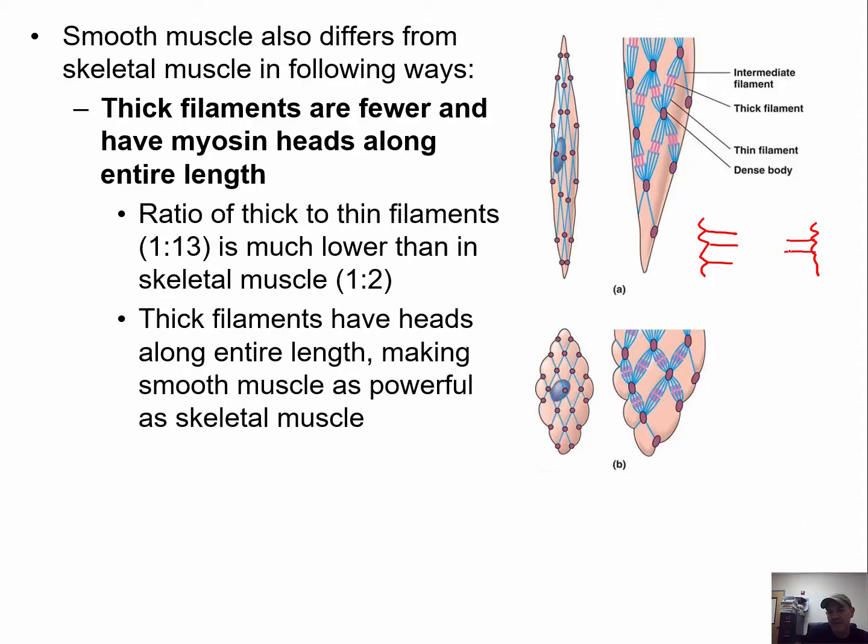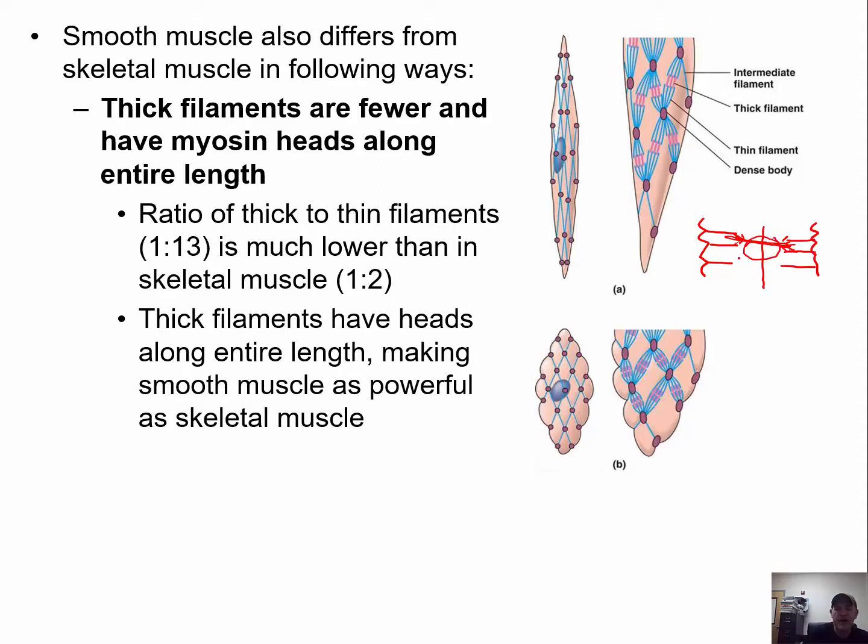And then in between there you have your thick filaments. And the thick filaments are going to have these myosin heads only on the ends, and in the middle, where the H zone is, there's going to be no myosin heads.